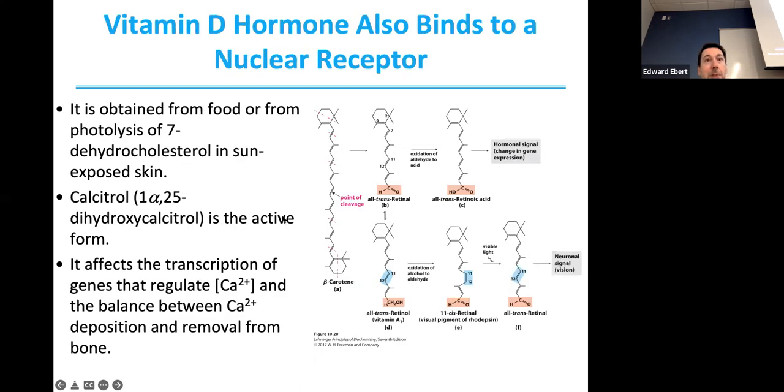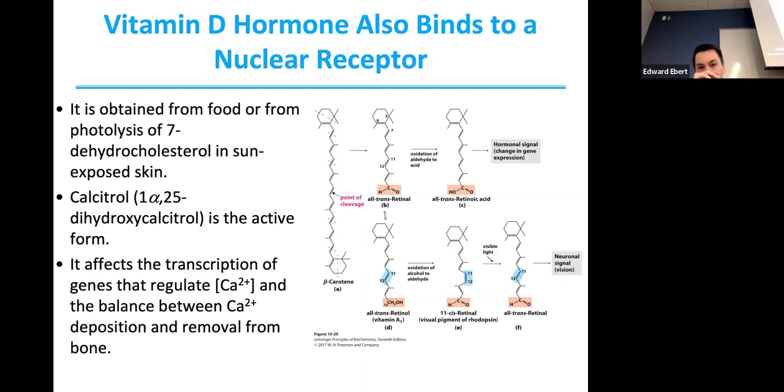Vitamin D also binds to a nuclear receptor. And last semester, did we talk about vitamin D deficiency and something? Do you guys remember melanin? Yeah. Calcium? Yeah. Okay. All right.